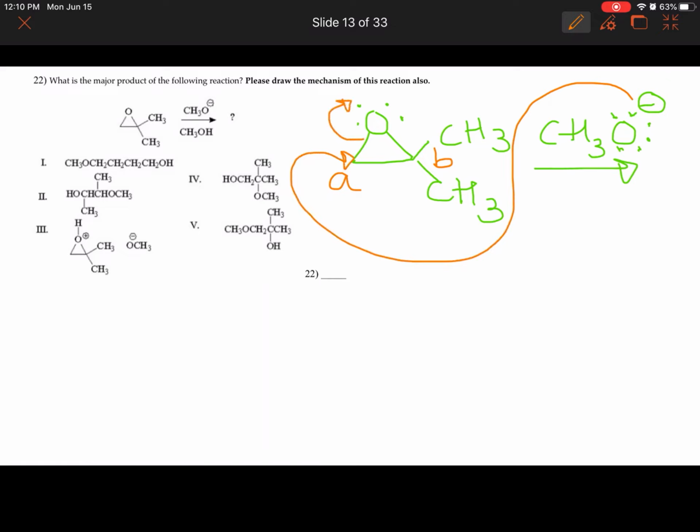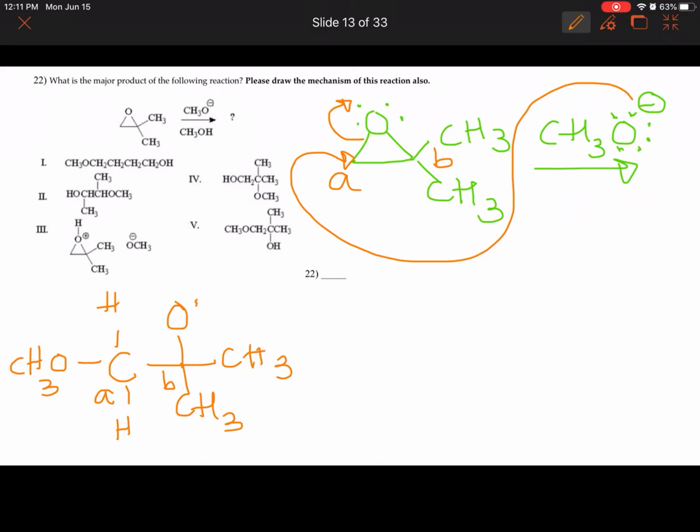So methoxide attacks the carbon A, the carbon oxygen bond breaks, and you will form an oxide anion. The CH3O group will be attached to carbon A. Carbon A already has 2 hydrogens on it, so you have to draw those 2 hydrogens.